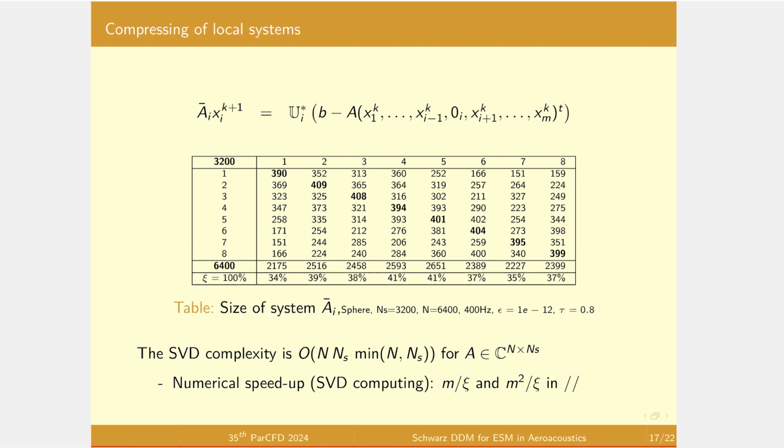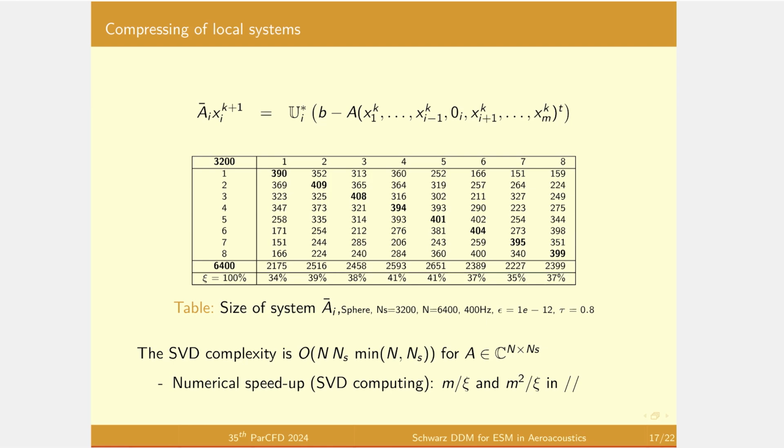And here it's the compression we obtain. The other columns here are compressed. The non-compressed column is this size, and for the first component, the 408 here was compressed to be 323, for example.